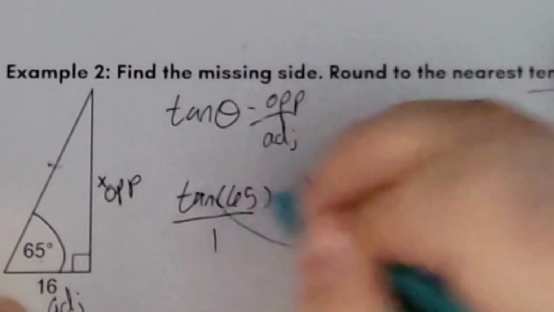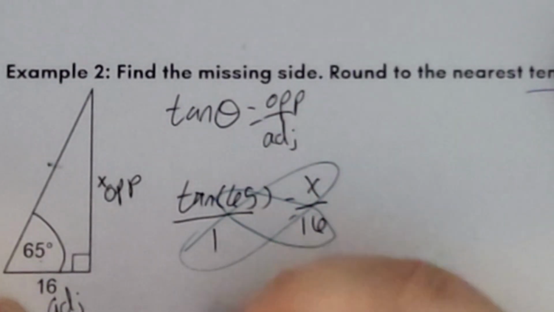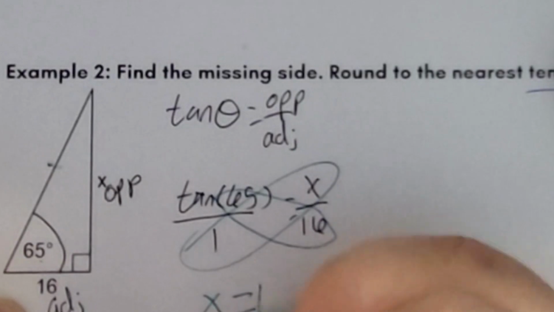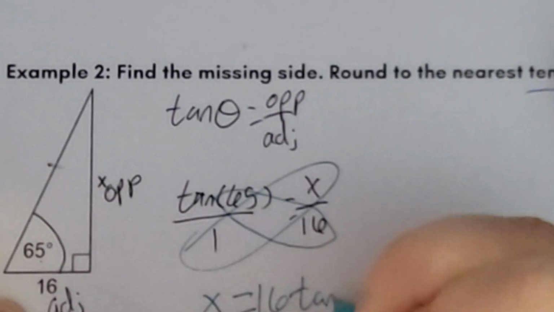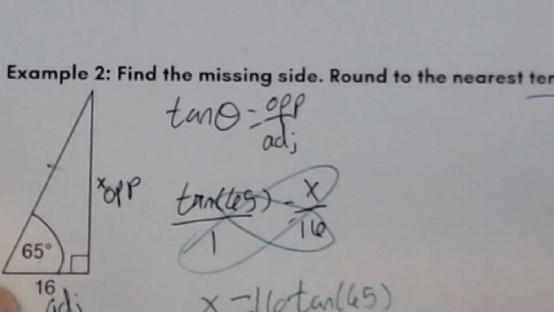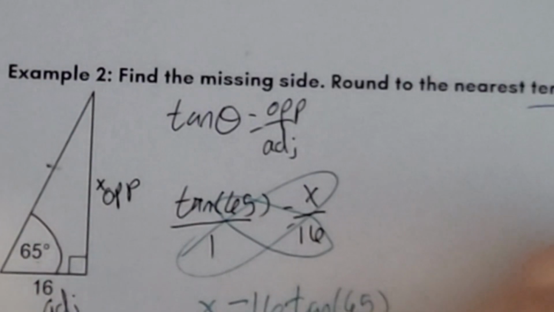Cross multiply like before. We get 1 times x, which is just x, equals 16 times tangent of 65. Now here, this is 16 times tangent of 65. x is alone already.